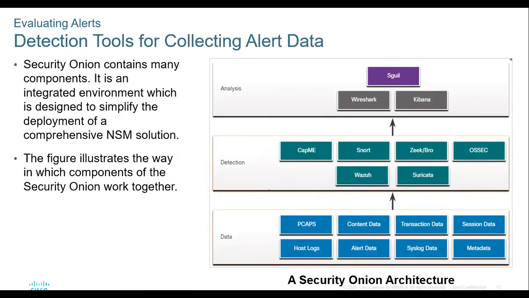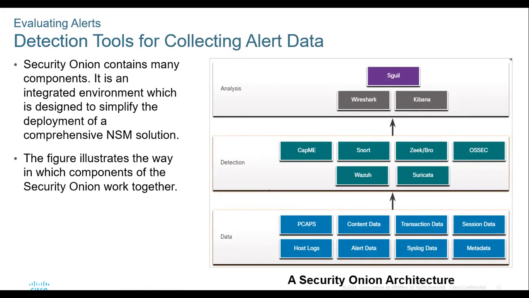Showing the diagram, you see a figure to illustrate the way in which components of the Security Onion work together. You can see the components are divided into three categories: the analysis, the detection, and the data. All these form what we call the Security Onion architecture.